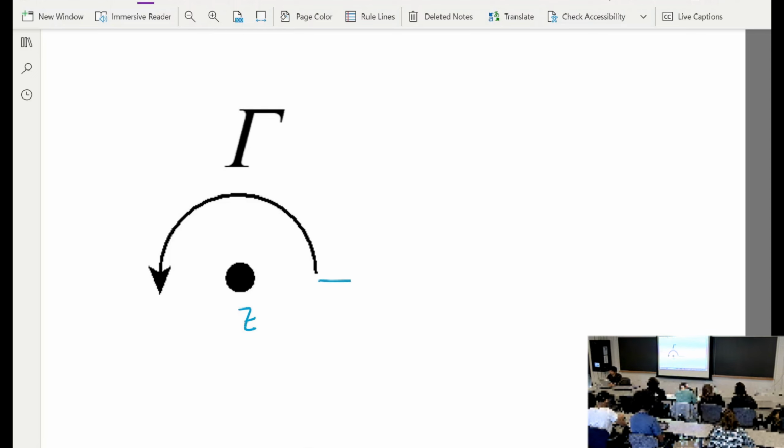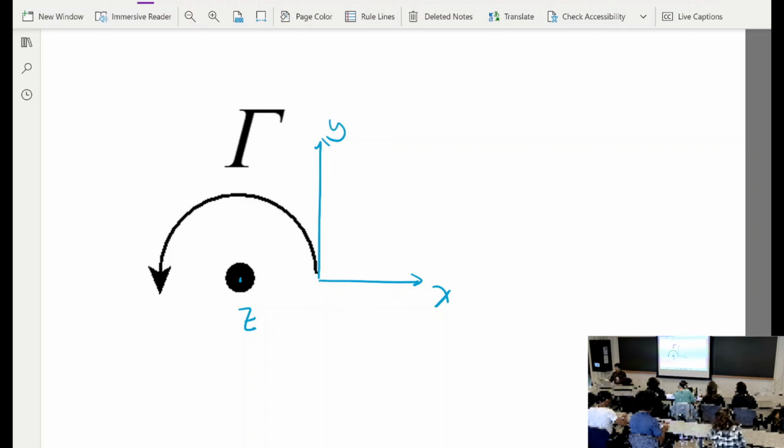So we have x and y, and the z-axis is going to be pointing out of the screen. When you look at the vortex, you use the right-hand rule. So if the vortex is pointing out of the screen, then the flow goes like that. You use the right-hand rule. So this means a positive z vortex.